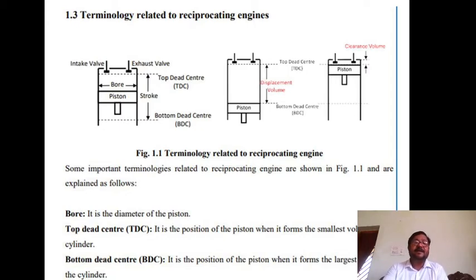Some of the important terminologies are shown in this diagram. Bore is the diameter of the cylinder.